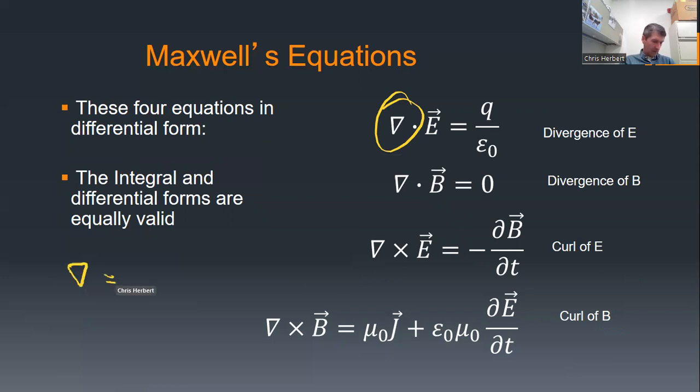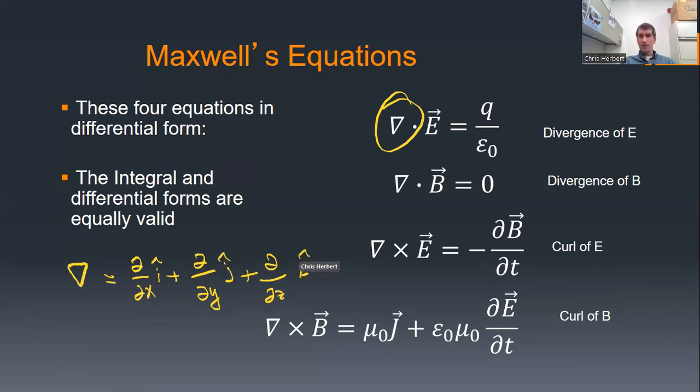If we're using Cartesian coordinates, it is the derivative in the x direction plus the derivative in the y direction plus the derivative in the z direction, so it's technically a vector.